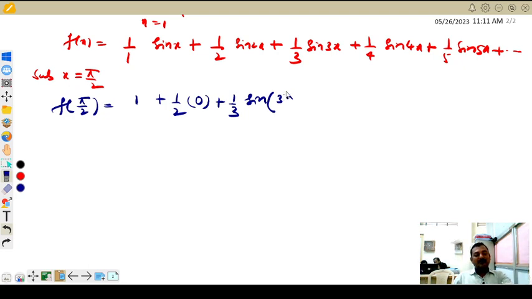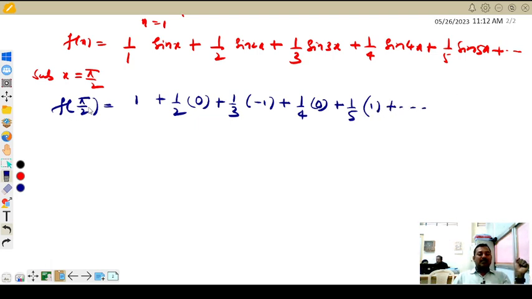What is 3 pi by 2 value? Sine 3 pi by 2 value is minus 1, students. So here 1 by 4 into sine 4 into pi by 2, that is 2 pi. Sine 2 pi value is again 0. 1 by 5 into sine 5 pi by 2 is again 1.